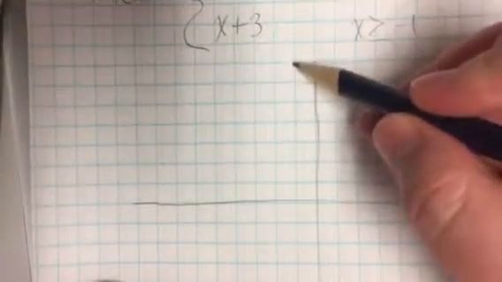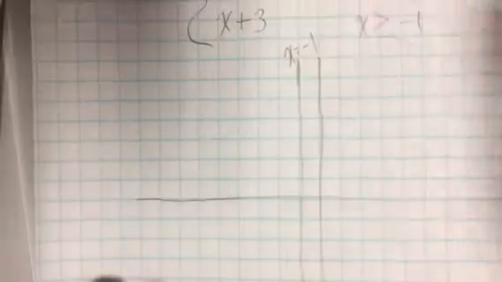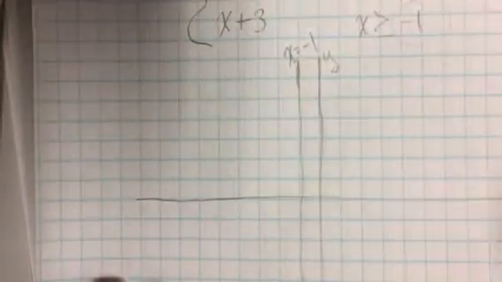So I am going to draw a line through where x is -1, and that way I have a reference point on where to begin and end my graphs. Make sure I've got those labeled.